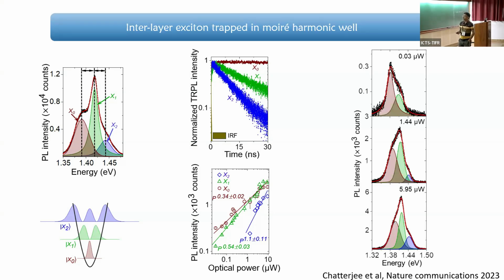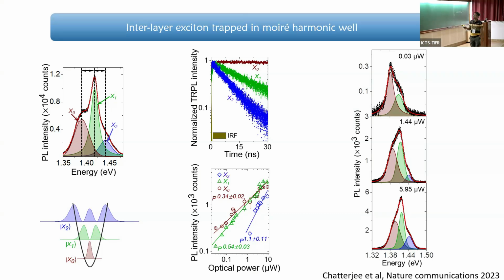Okay, that's nice. And because you have these different nonlinear power laws, the spectral feature is going to be significantly different if you increase your power. For example, at very low power, like 30 nanowatts, you see only X naught, a very strong feature of X naught, and then the next exciton level.